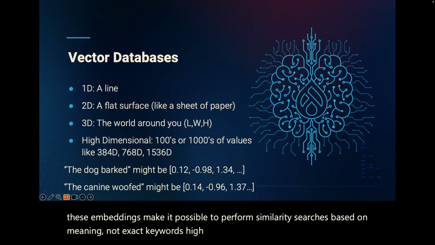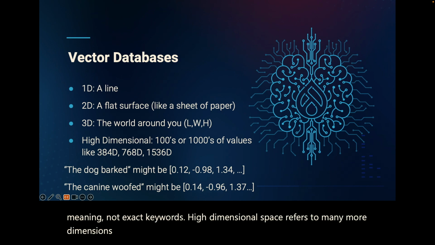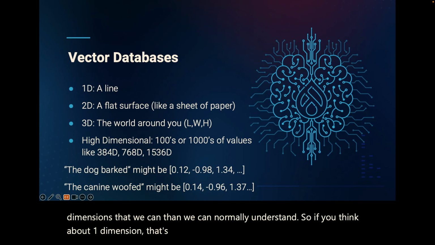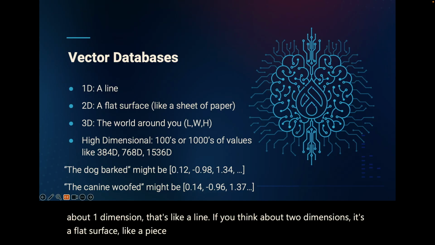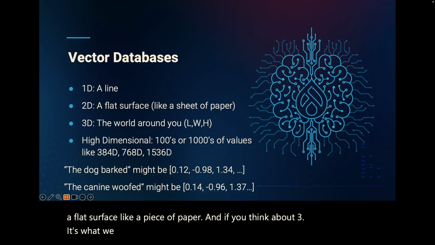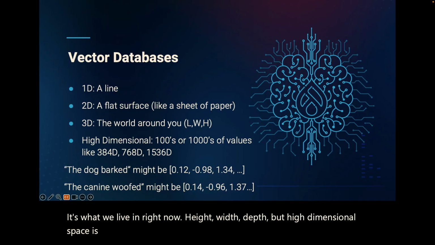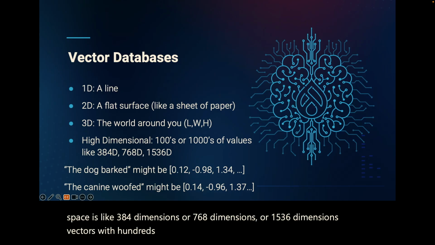High-dimensional space refers to many more dimensions than we can normally understand. So if you think about 1 dimension, that's like a line. If you think about 2 dimensions, it's a flat surface, like a piece of paper. And if you think about 3 dimensions, it's what we live in right now: height, width, depth. But high-dimensional space is like 384 dimensions, or 768 dimensions, or 1,536 dimensions. Vectors with hundreds or thousands of values.